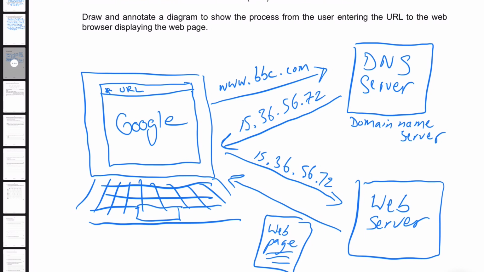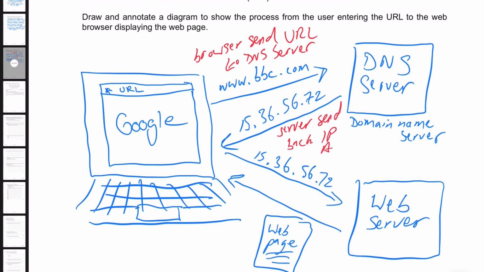So we've got to annotate this. So browser sends URL to DNS server. Server sends back IP address. IP address sent to web server.